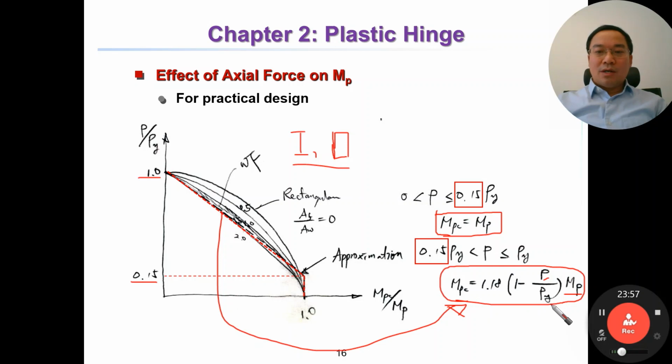And PY is the yielding strength of the section. Okay, so from now on, you can use this equation for practical design of I section or rectangular section.